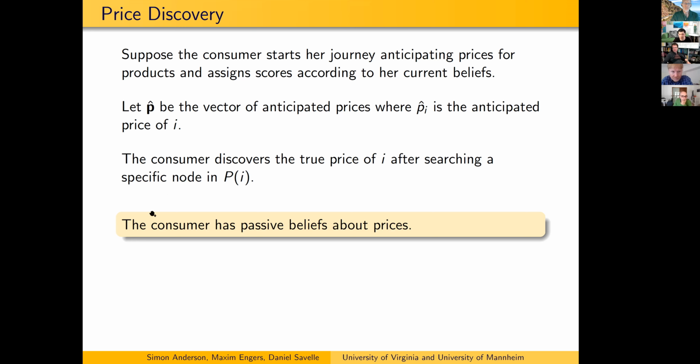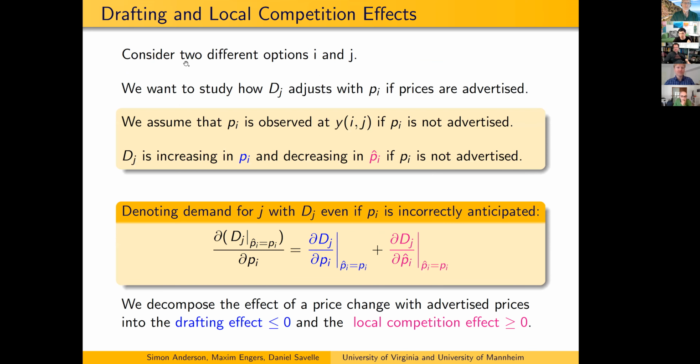So the key, though, is that the consumer is going to have these beliefs. By the way, for this part of it, it could be a distribution over nodes where they discover it. But what I'm using this to do is actually to motivate an effect that I'm going to have in the following slide. And I'm going to set the timing of discovery to a very specific node to quantify the effect of an advertised price change. And so what I'm going to do is I'm going to consider two options, i and j.